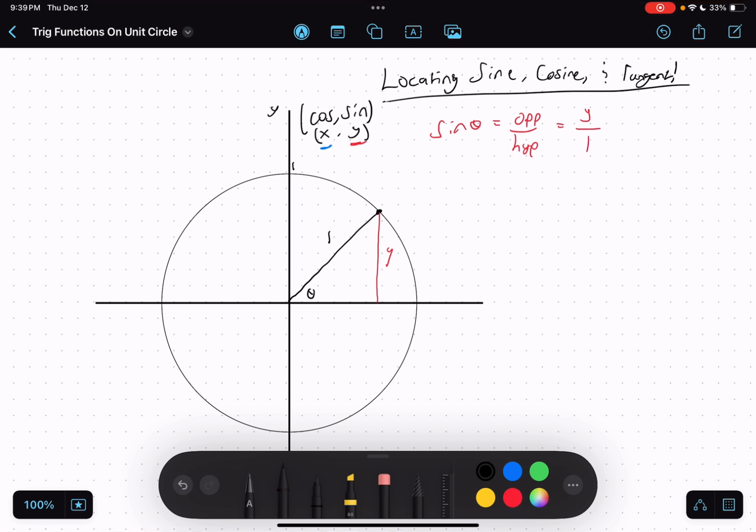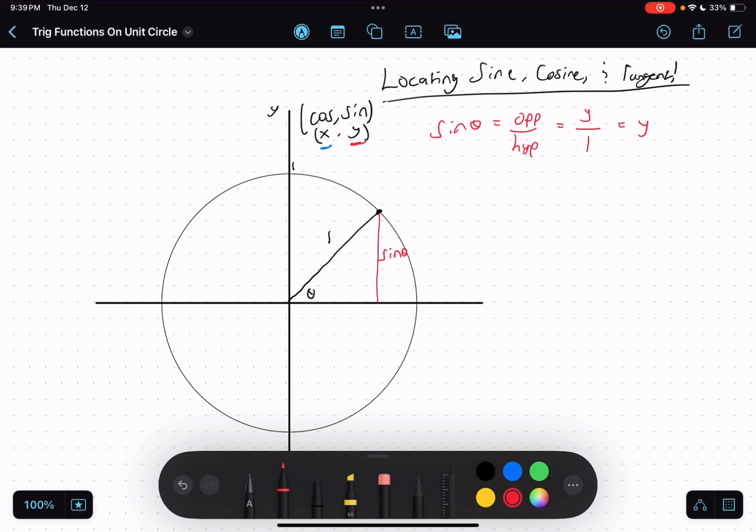And where did that 1 come from? That's just because the hypotenuse here is the radius. So our sine theta is really just y. So I can replace that y with a sine theta.